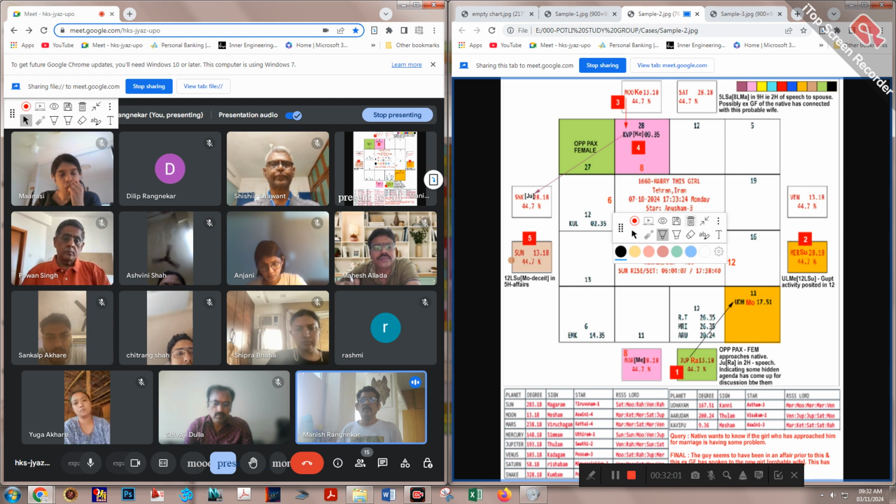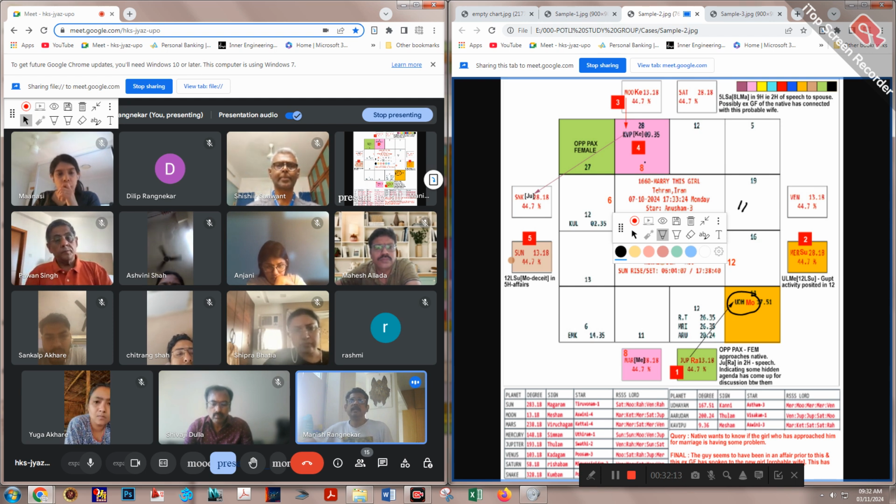Now a little advanced thing. Udayam is in Moon. Moon, first of all, is the 11th lord. Correct? And Moon has gone and sat in the 8th house here, again in the nakshatra of Ketu.